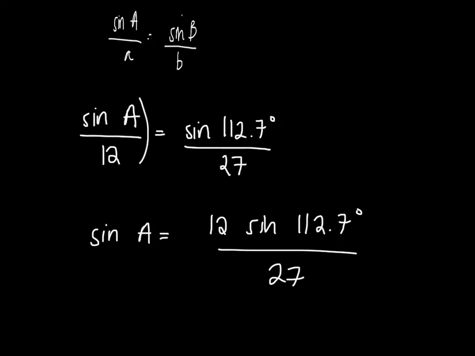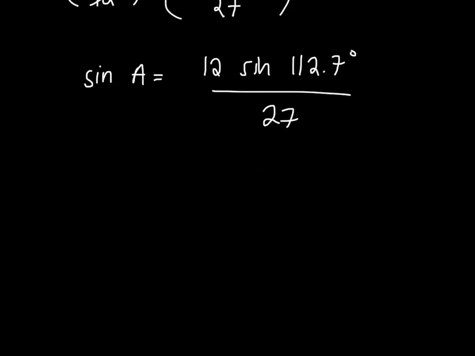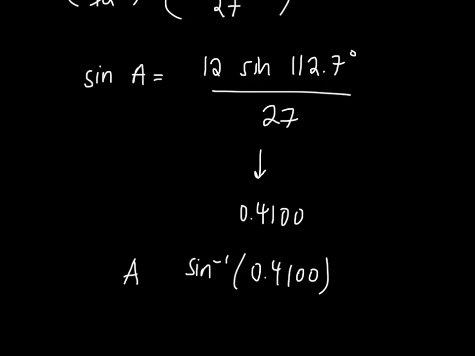We've multiplied both sides by 12, which cancels the 12 and leaves sine A by itself. This simplifies to 0.4100. Take the inverse sine of that to find A, and A is 24.2 degrees.